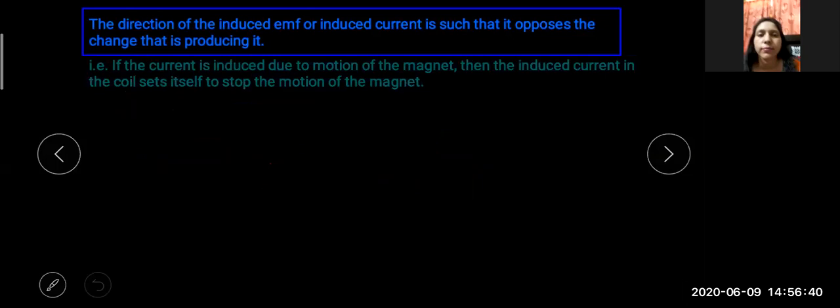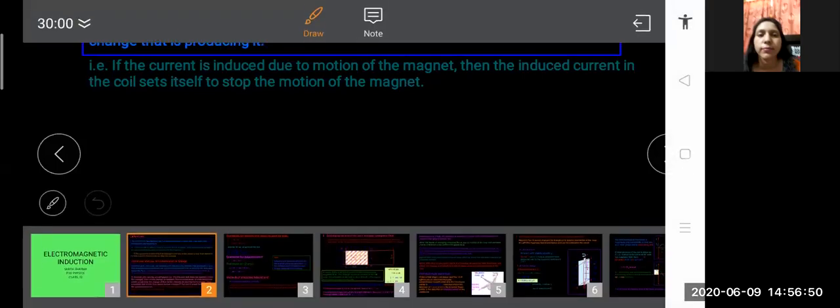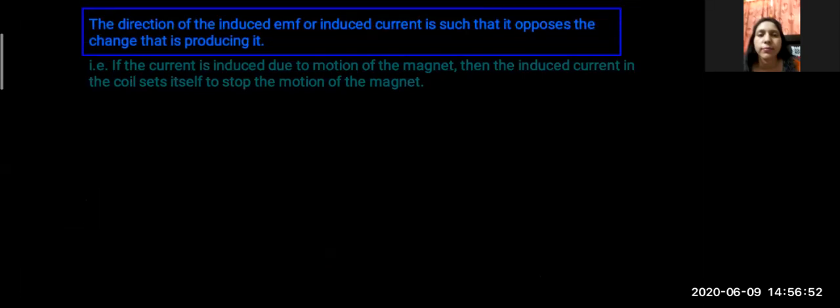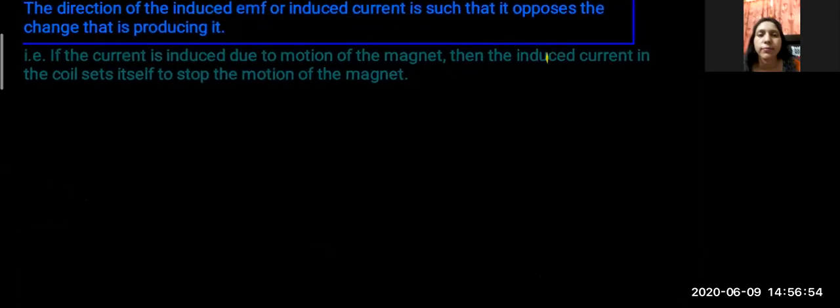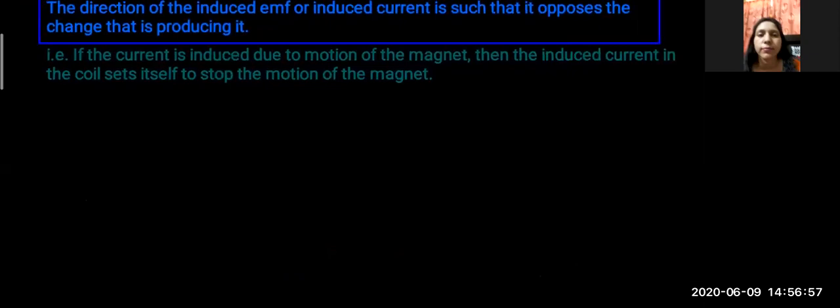So what is Lenz's law? The direction of induced EMF or induced current is such that it opposes the change that is producing it. Or we can say if the current is induced due to the motion of the magnet, then the induced current in the coil sets itself to stop this motion of the magnet.